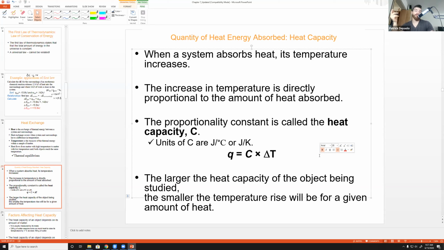But what that means is it's a measure of the resistance that a substance has to the change in temperature. In other words, how many joules does it take for that substance to change by 1 degree Celsius? That is the specific heat capacity, or just the heat capacity of an object.